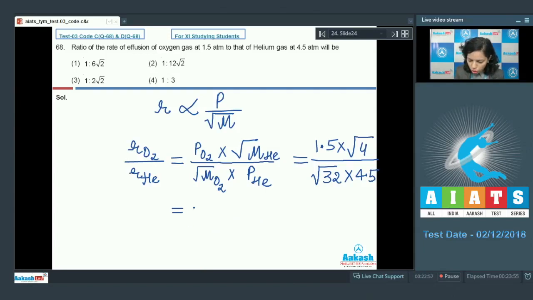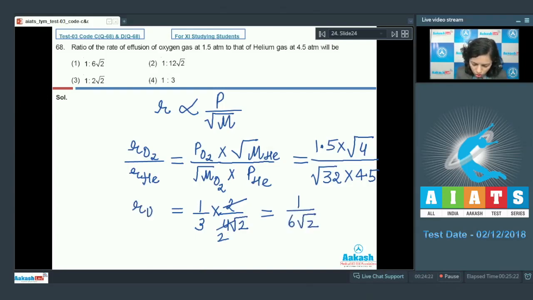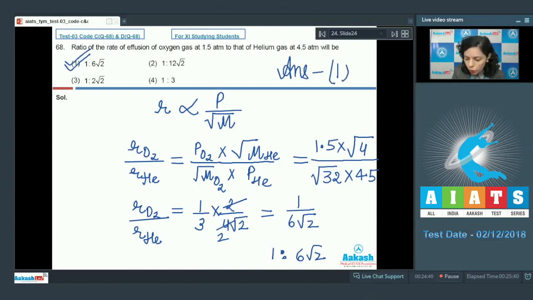So it would be equal to 1/3 into 2 upon 4 root 2, and that would be equal to 1 upon 6 root 2. So this is the ratio of the rate of effusion of oxygen to the rate of effusion of the other gas, that is helium. So the ratio given here is 1:6 root 2. It's given in option 1, and that's why the answer is option 1.